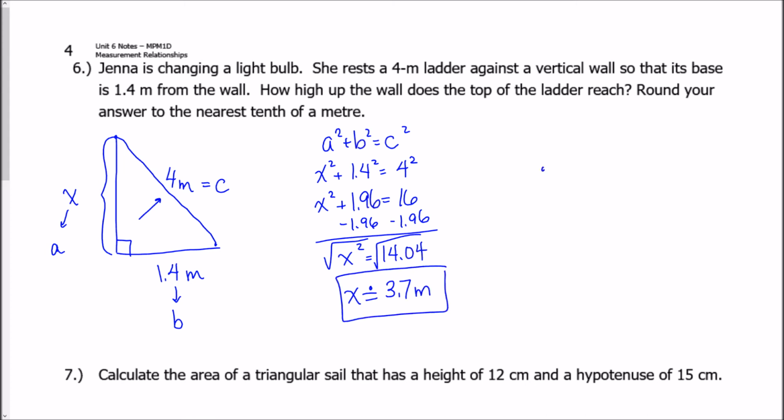Okay, so then we're going to say, therefore, the ladder reaches a height of 3.7 meters against the wall. Okay?